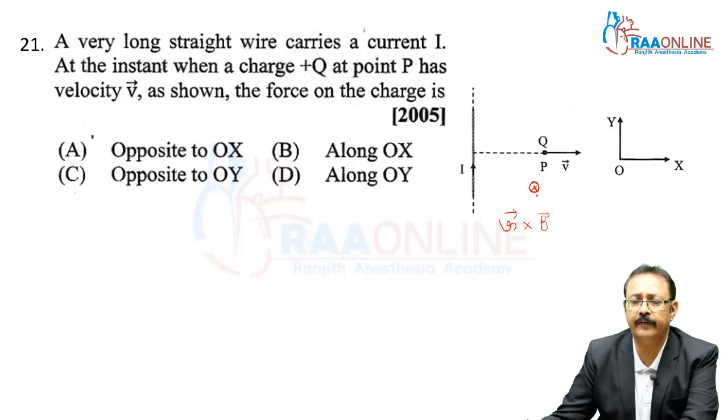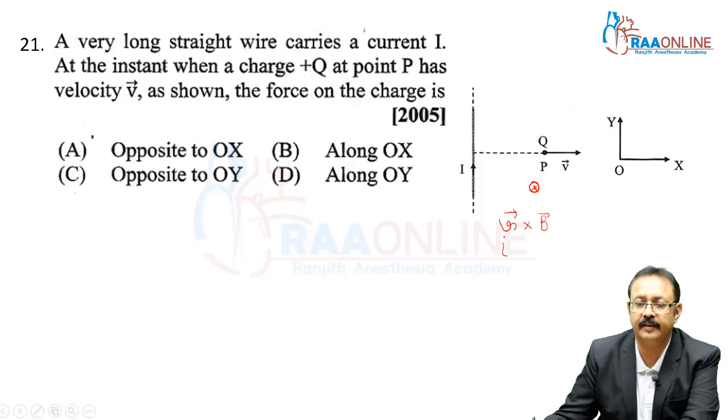So in place of V, and V is the positive X axis, the direction of V is i. And the direction of B, the magnetic field, is inward, means minus k.